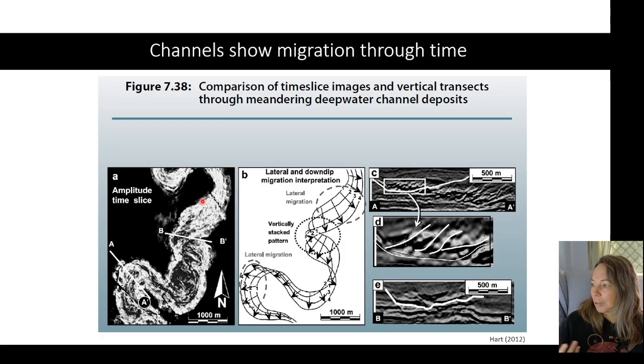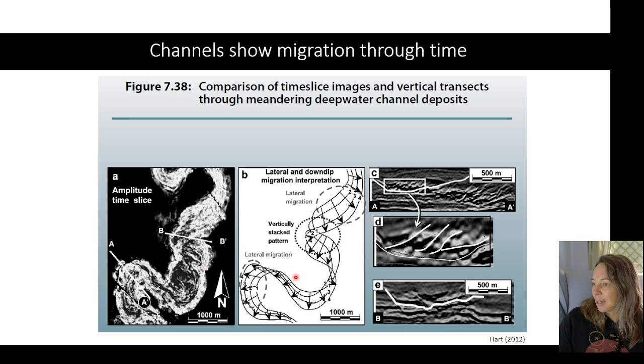Channels are really cool. I'll talk about them a lot throughout the rest of this lecture series, because what's really neat is that you can actually see the different channel architecture, and we have a lot more techniques with machine learning to really bring these out. And so this is just a classic example showing a channel amplitude of a time slice, and that you can actually see these larger scale deep water channels meander through time.